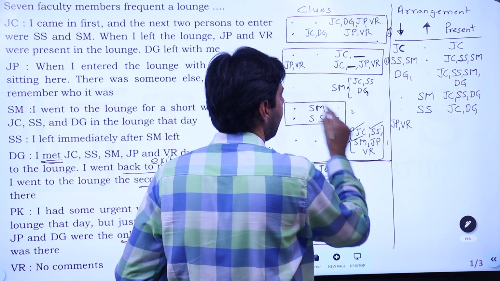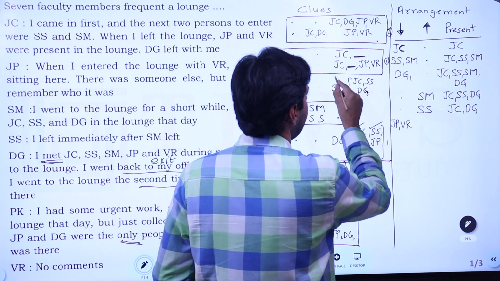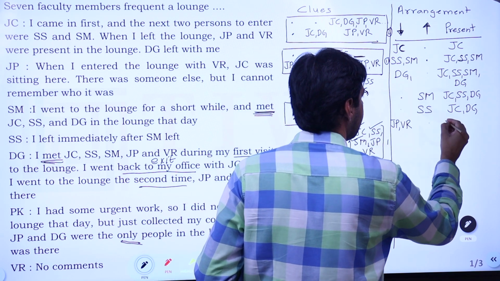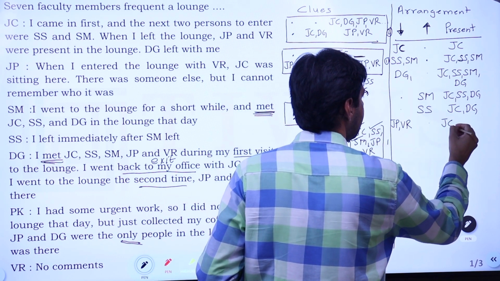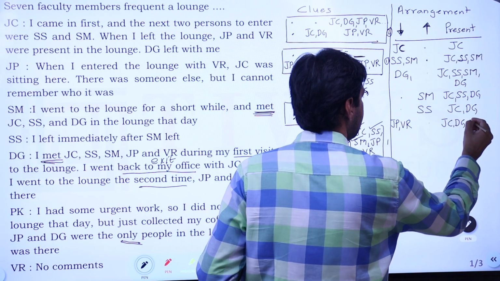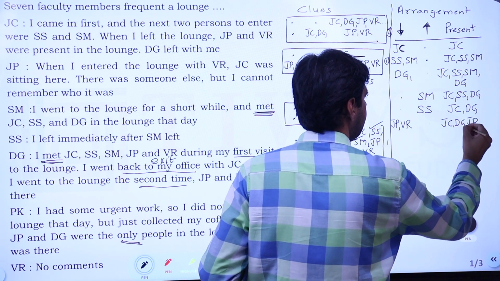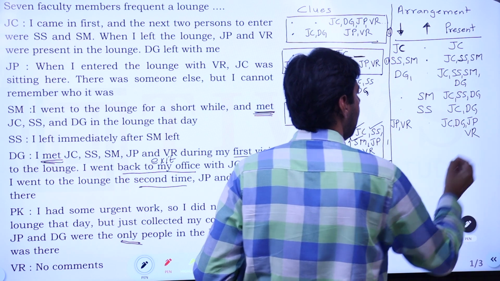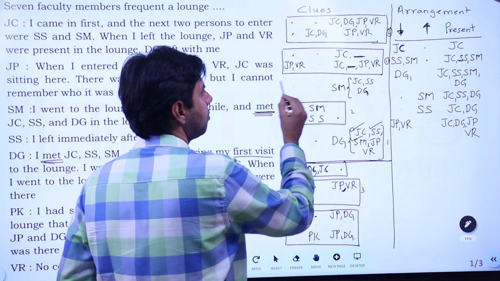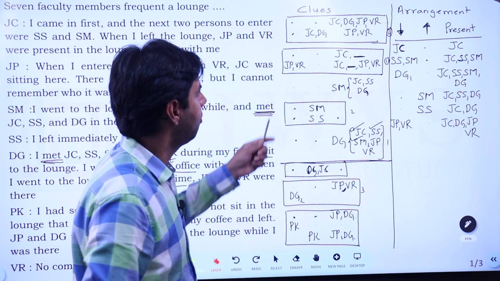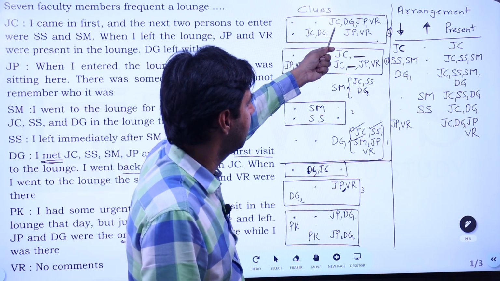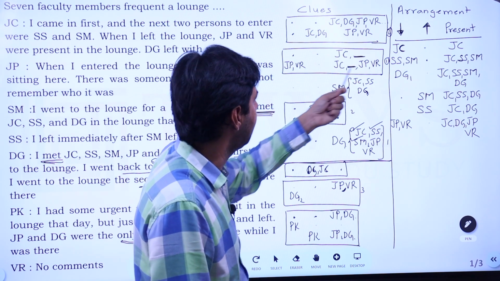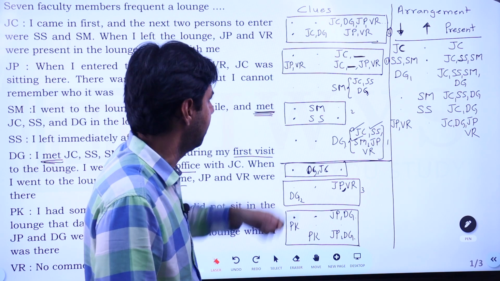So JP and VR come in, and now there are 4 people: JC, DG, JP and VR. All 4 are there. After this I've got all 4, JC, DG, JP, VR. So I could even ask them to exit. Should I ask them?